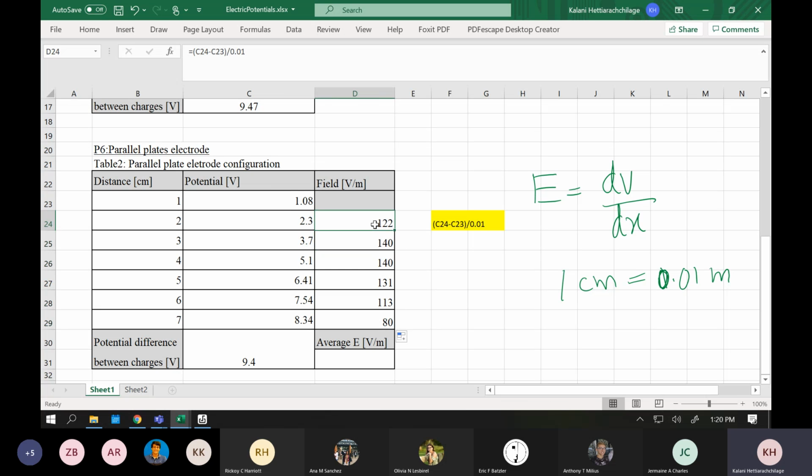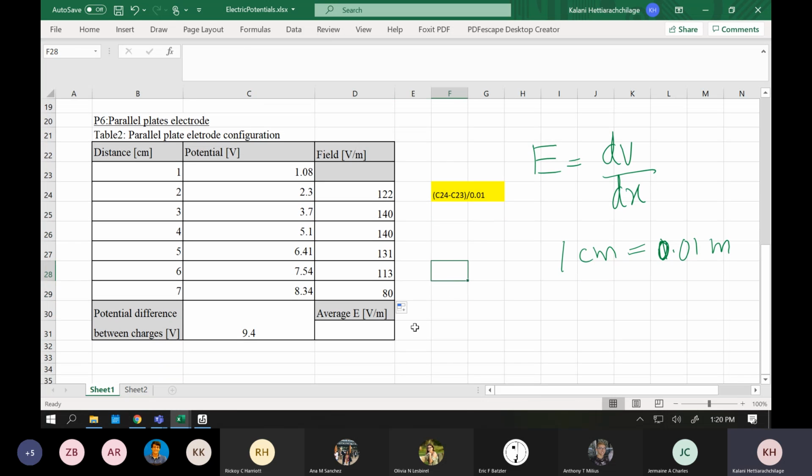Usually this electric field should be a constant, but you will see variation because of our experimental issues, that the probe is not correctly touched. Maybe it has some fluctuations. Because of that, you may not get exactly the same number, but theoretically these numbers should be the same.